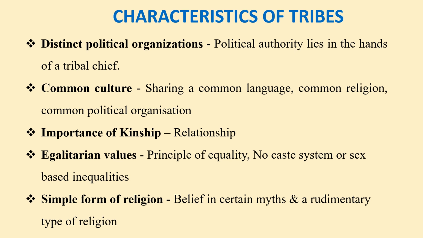Egalitarian values, which shows that there is a principle of equality, unlike a caste system which has inequality and sex-based inequalities found in other social structures. In the tribal community, we could see there is a principle of equality, which implies that men and women enjoy equal status and freedom.